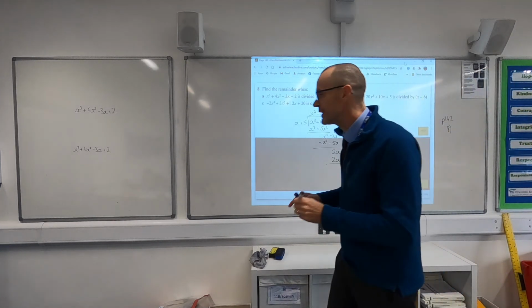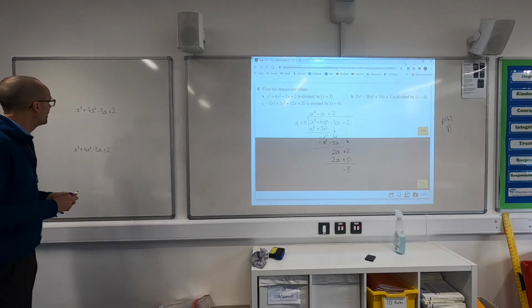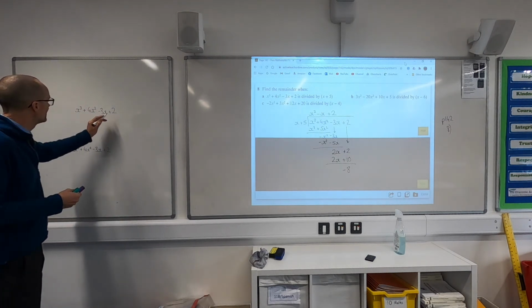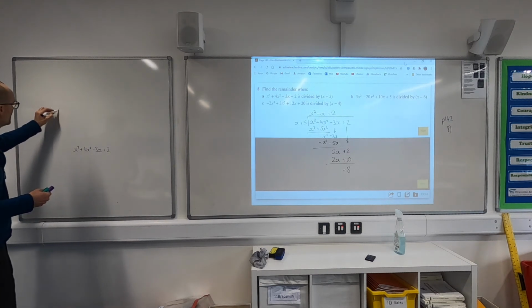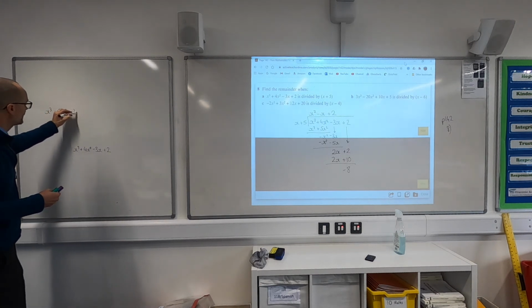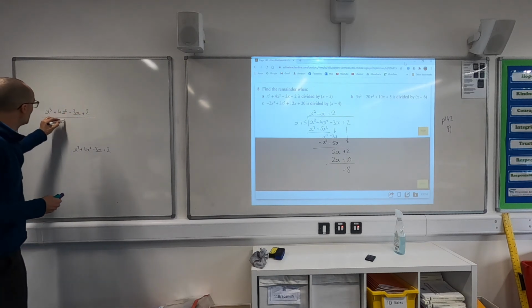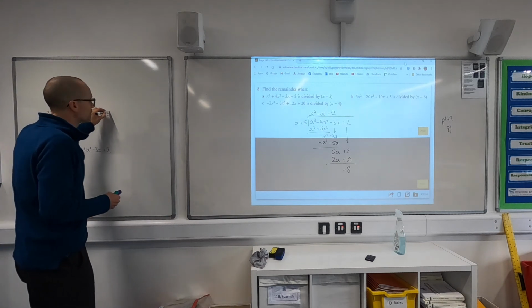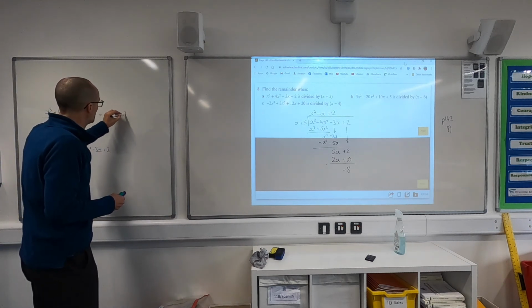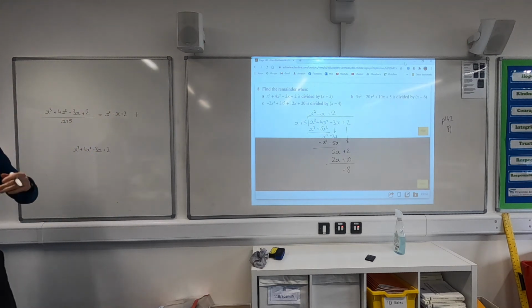So I can write this in 2 ways. I can either say that x cubed plus 4x squared minus 3x over 2 divided by x plus 5 is equal to x squared minus x plus 2 plus, do you remember with the division sum with 15, I said it was 3 over 4, 4 was what we were dividing by.